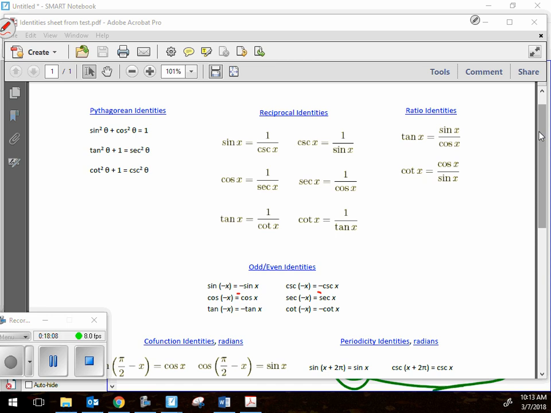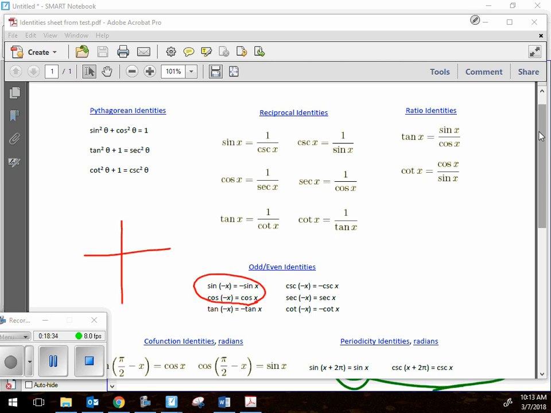Now, I can show you where all of these things are derived. It takes a really long time, and I think our time would be better spent actually practicing using them, okay? All of these can be proven, and I'd like to show you some here and there, but I don't want to show you how to derive all of these, but I want to show you the one difference between these two. Let me show you what I mean.